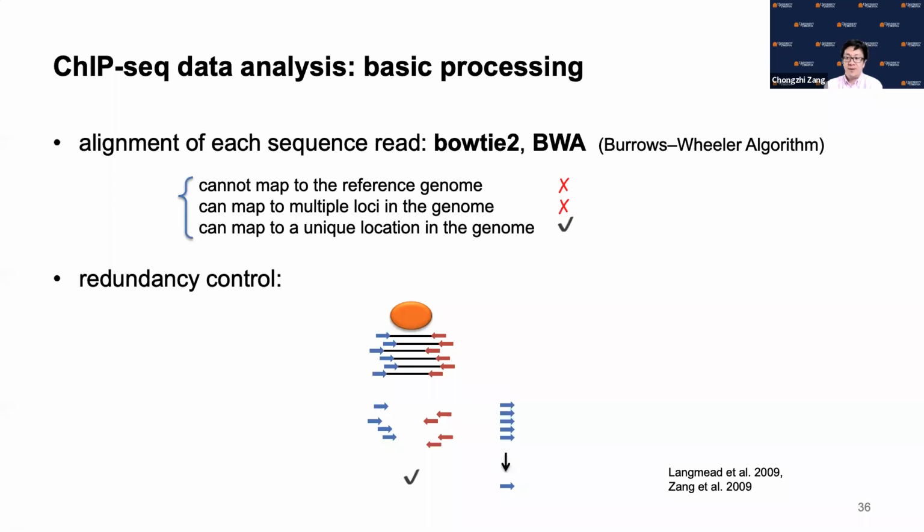We didn't have enough material from the ChIP DNA, but even if we include them all, it doesn't really give us any additional information for the TF binding sites. So we keep the non-redundant reads, but ignore the redundant reads.